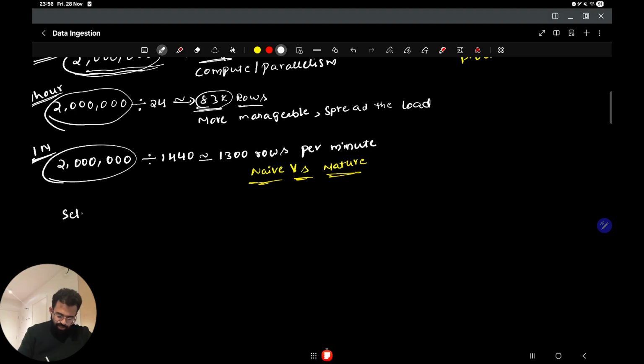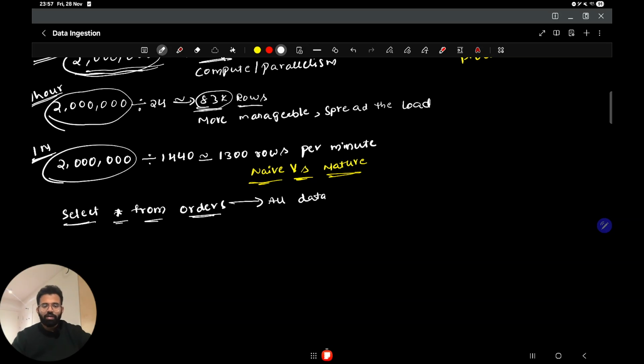Let's say you wrote this query, which is select star from orders. If you know a little bit of SQL, you know that whenever you run this query, it will give out all the data present in that table.